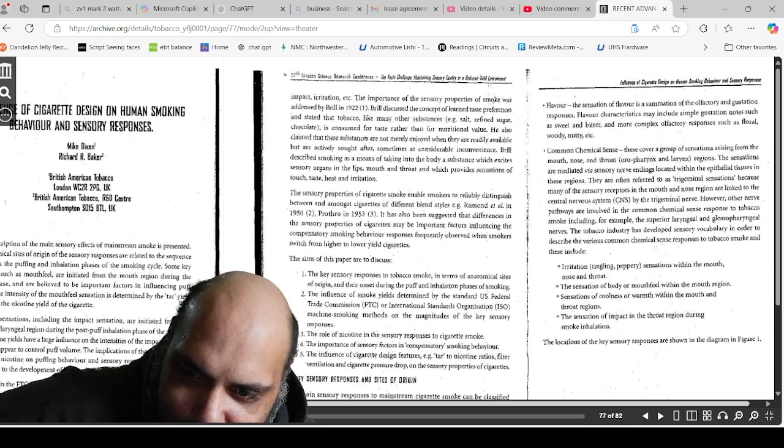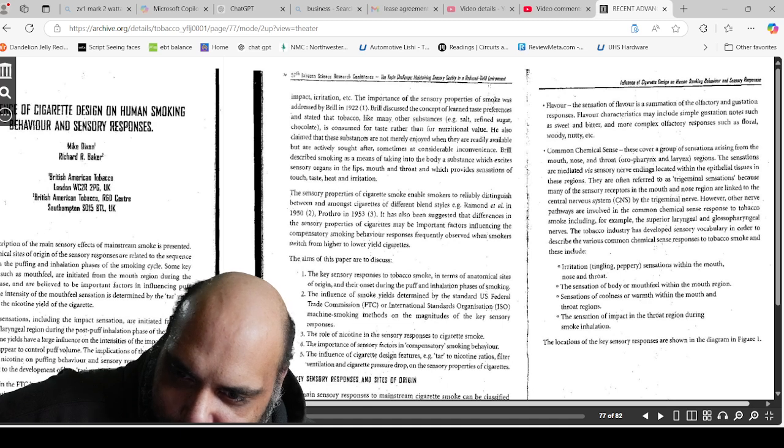However, other nerve pathways are involved in the common chemical sense response to tobacco smoking, including, for example, the superior laryngeal and glossopharyngeal nerves.